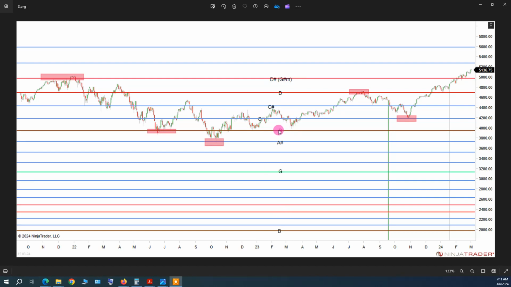Now I've got the B levels marked in brown just to give us a little bit of a way to identify these as we look back. And I've also marked the G tone in green. So when we look back at the prior areas, we can see these is an easy reference line to compare these tones.